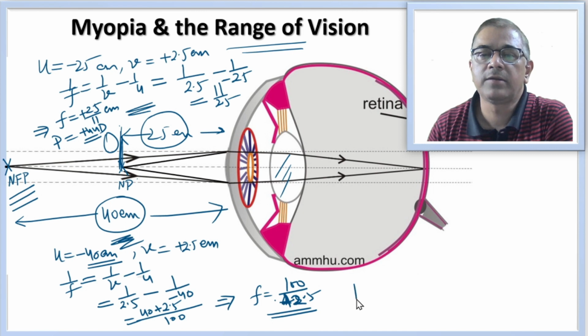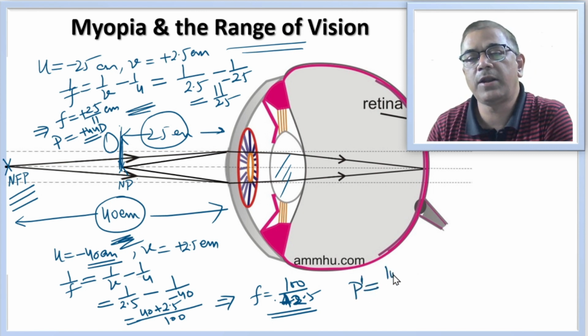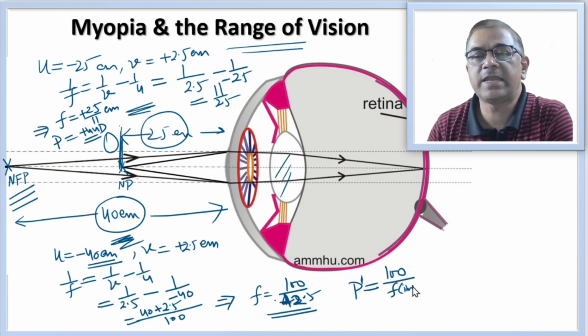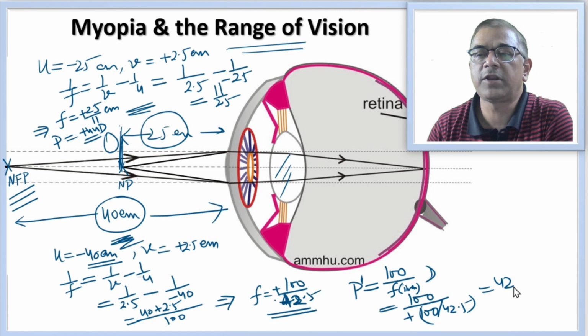Now the new power will be given by 100 by f in centimeter, and the unit has got to be diopter. So this is equal to 100 divided by 100 divided by 42.5, and this is equal to 42.5 diopter.